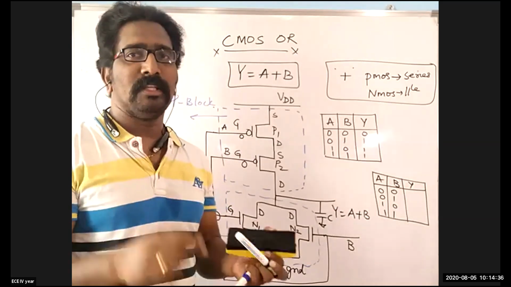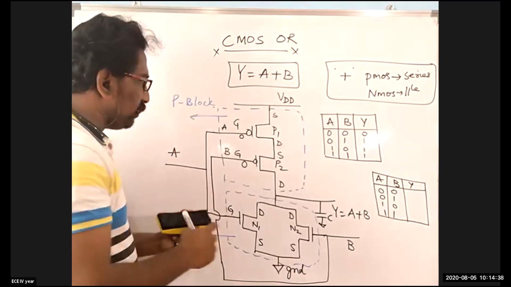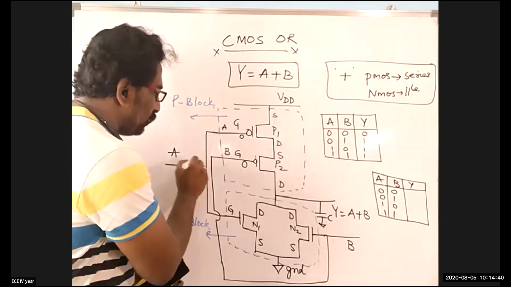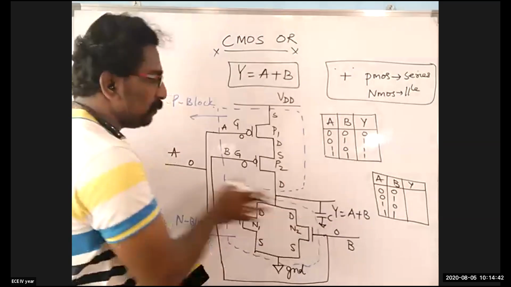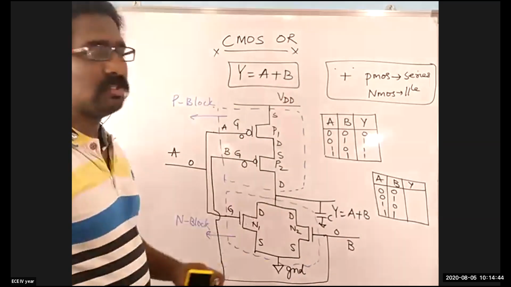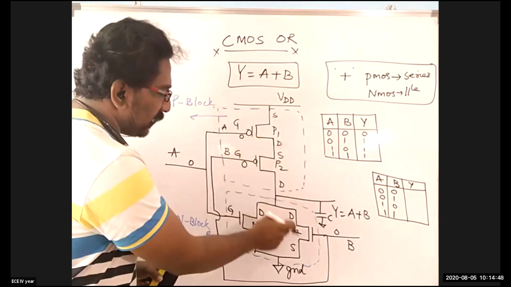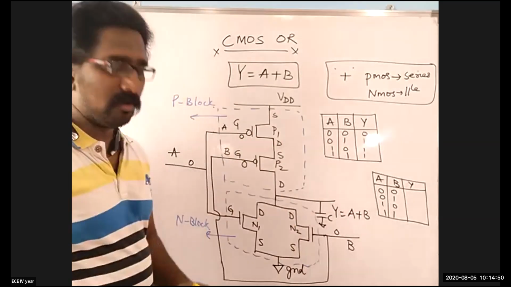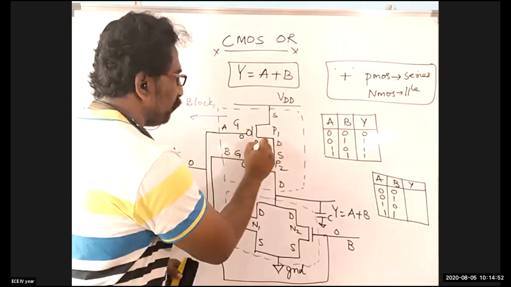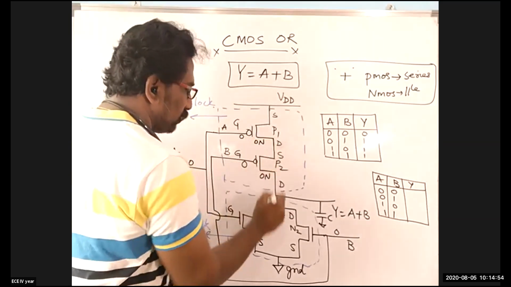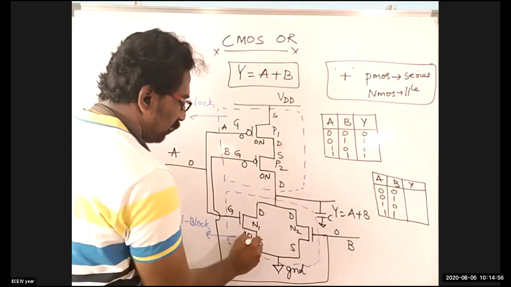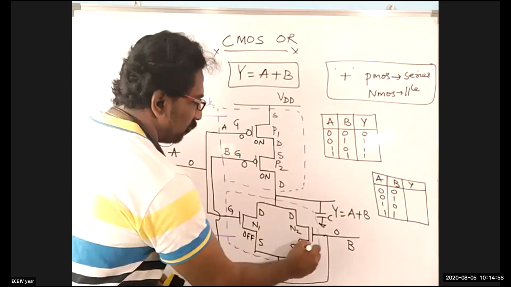So here, your input which you have supplied is 0 and 0. Then only the PMOS will be turned on and the entire N block will be turned off. So P1 is on and P2 is on, and N1 and N2 will become off.